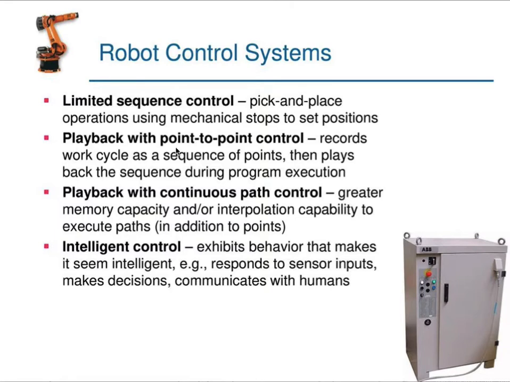Playback with point to point control records a work cycle as a sequence of joint points, then plays back the sequence during program execution. And playback with continuous path control needs greater memory capacity or interpolation capability to execute this path, in addition to the points as well.